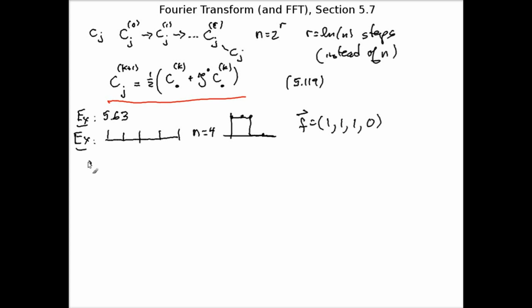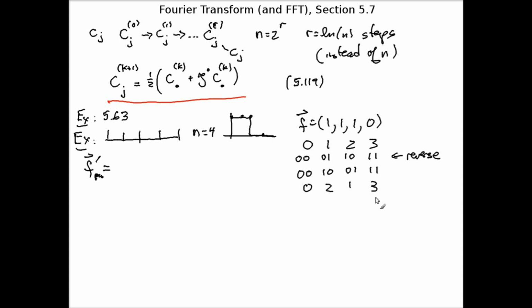And the first thing that you do is you have a permutation of this vector. And the way you get the permutation is you write down the numbers 0, 1, 2, 3 in binary. And then you reverse the order of the bits to get 00, 10, 01, 11, and then you convert back, which gives 0, 2, 1, 3.